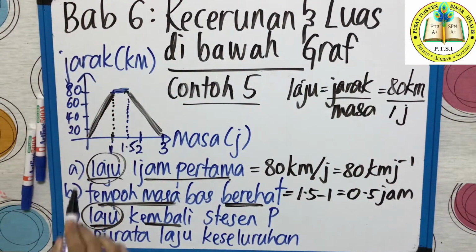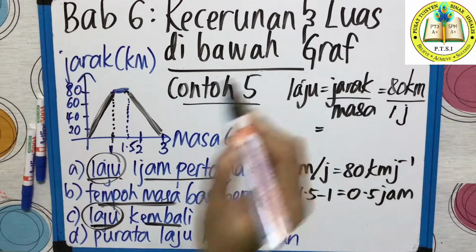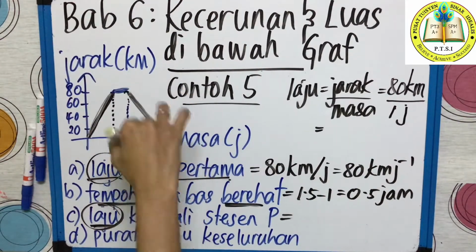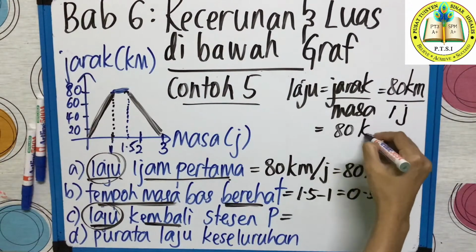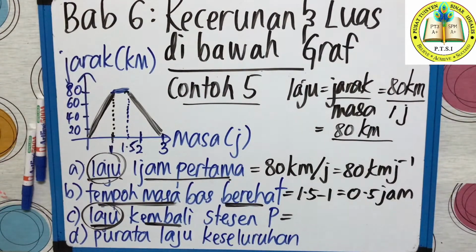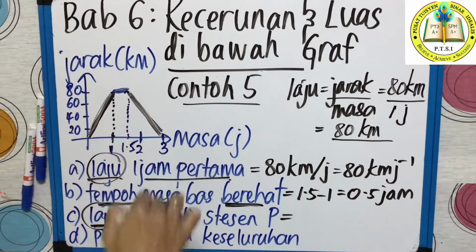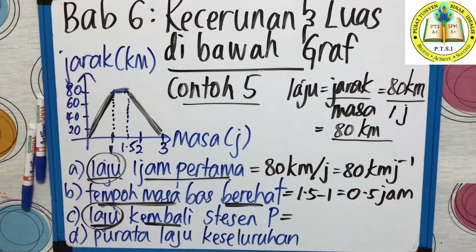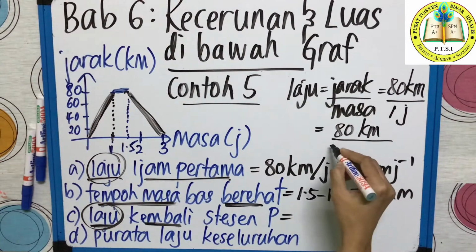So when they ask the speed for that, what is the speed formula? Jarak bahagi masa. So again the same formula, jarak. Berapa jarak? Still the same, 80 kilometer bahagi masa. Okay, berapa masa yang kembali? Bus itu kembali. If you see very clearly class, laju means speed equal distance divided by time. Distance, you know, it's 80 kilometer. Now you want to do masa, right?